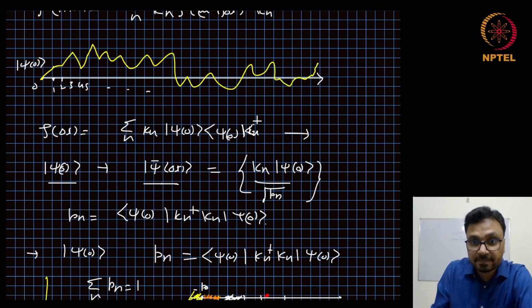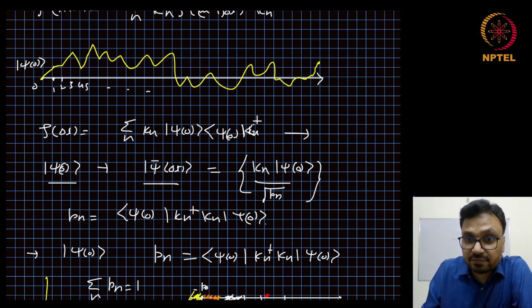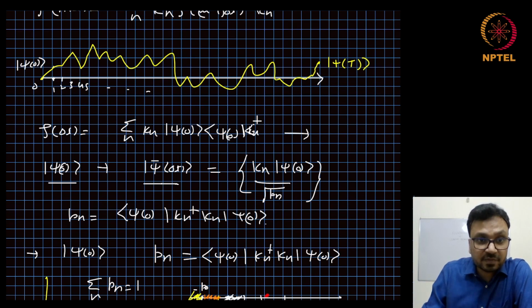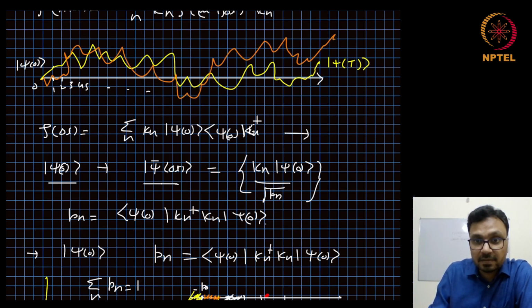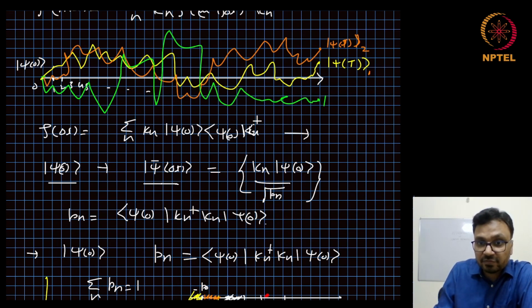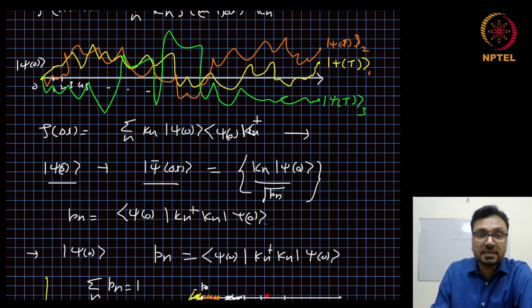We end up getting some final state psi of capital T. If we repeat this from the beginning, the next time we may not get the same trajectory; we might get some other trajectory and some other final state psi of T. This was the first attempt, this was the second attempt. Then we can have another trajectory starting from the beginning, and we get psi of capital T in the third attempt, and so on.